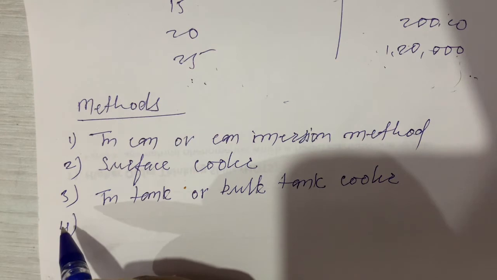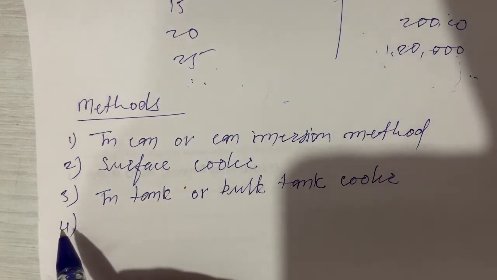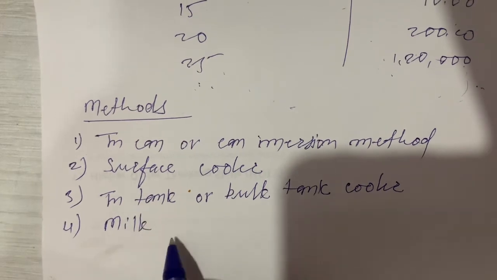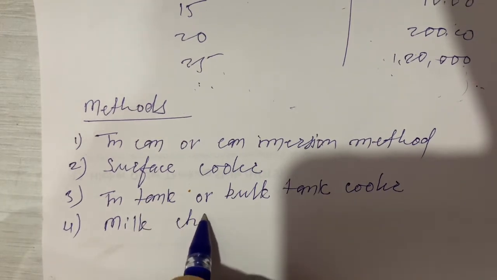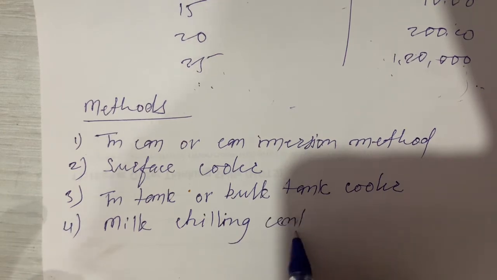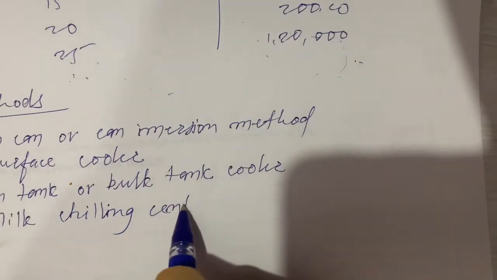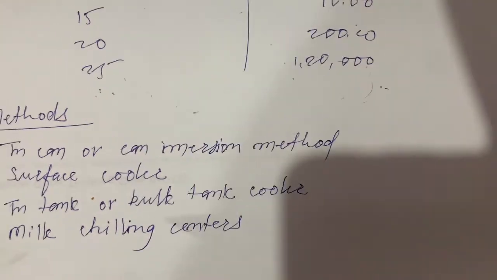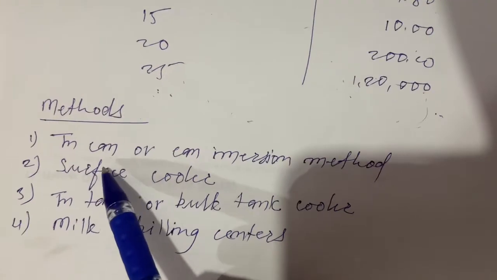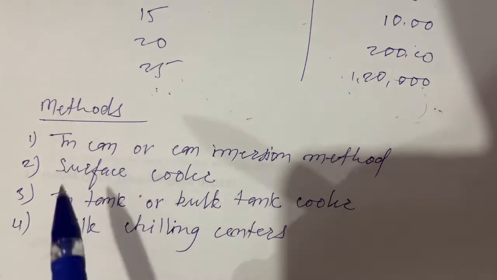Number 4 is the milk chilling centers. Okay, so these are the 4 methods by which milk is cooled.